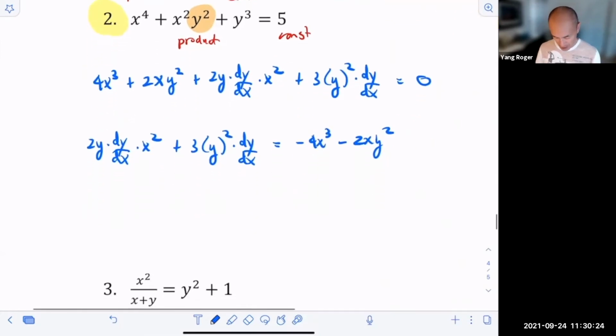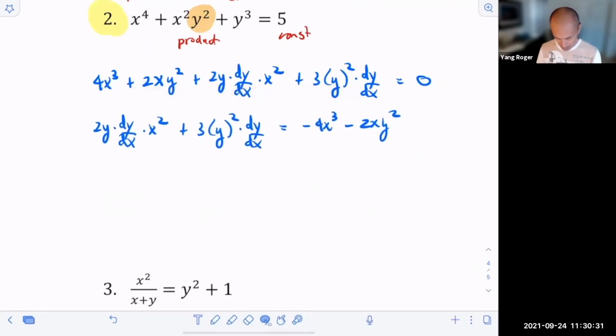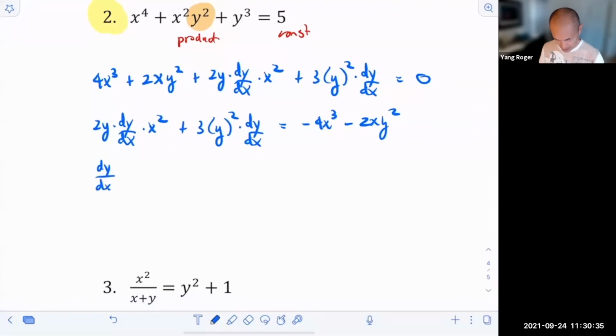Now I factor out the dy dx. I get dy dx times 2x squared y plus 3y squared is equal to negative 4x cubed minus 2xy squared.